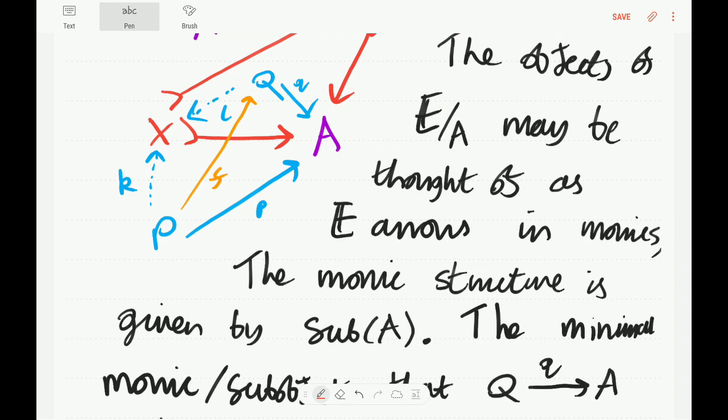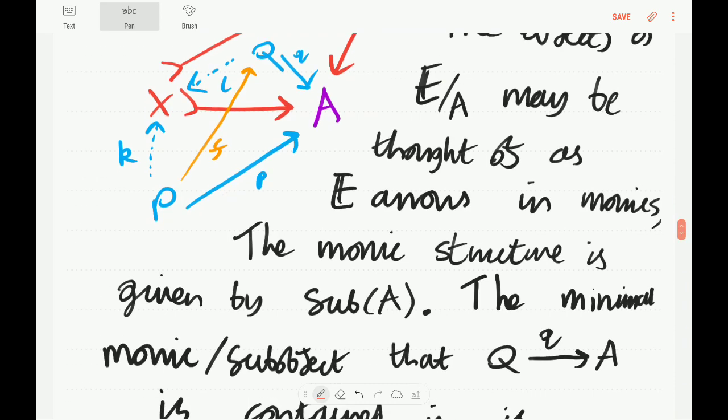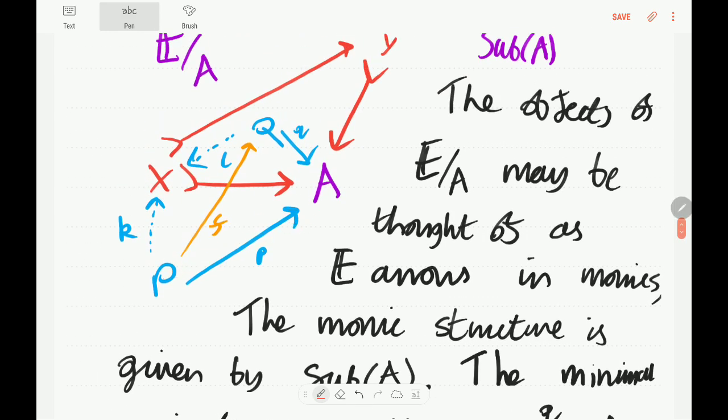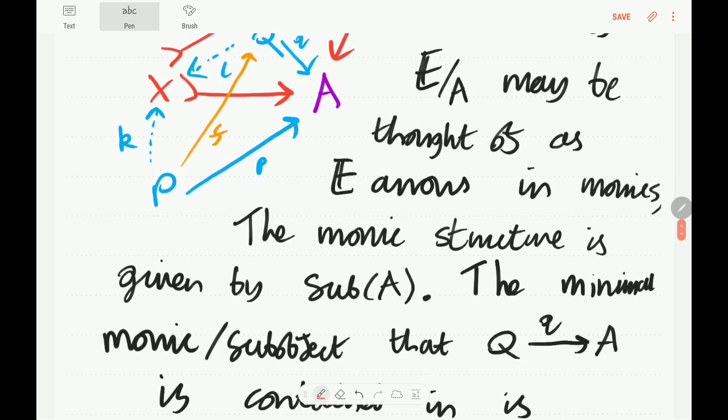Well, for these blue ones that are just regular arrows into A, some of those are going to be in these different monics. And so we can think of these special objects as housing these other objects. So these sub-objects, these monics into A, are housing the other arrows.